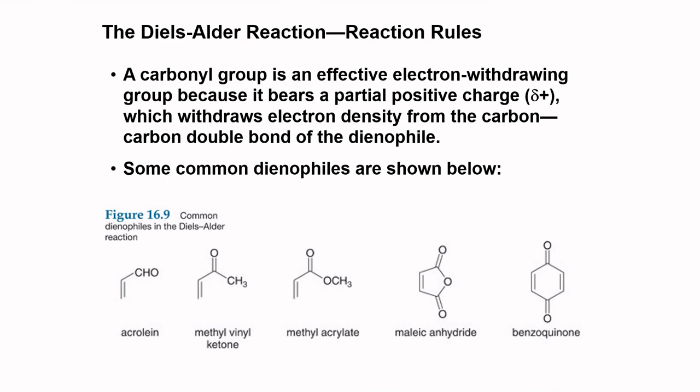Okay, another example of an electron withdrawing group. A carbonyl group is an effective electron withdrawing group because it bears a partial positive charge which can withdraw electron density from the carbon-carbon double bond of the dienophile. Okay, we have the carbonyl here.